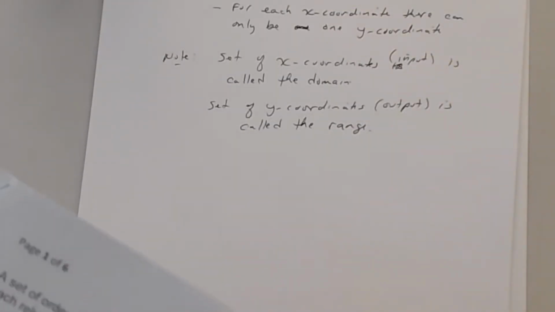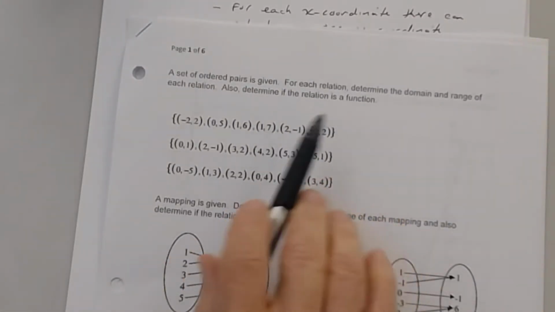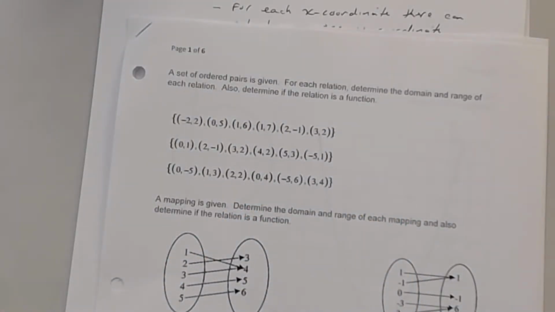In order for a relation to be a function, for each x, there's got to be one y. That's what makes it a function. All right, but they're all relations. All right, now it says this. For each relation, determine the domain, and then determine the range. And then also determine if the relation is a function. Okay? All right, well, first of all, let's do the domain first.